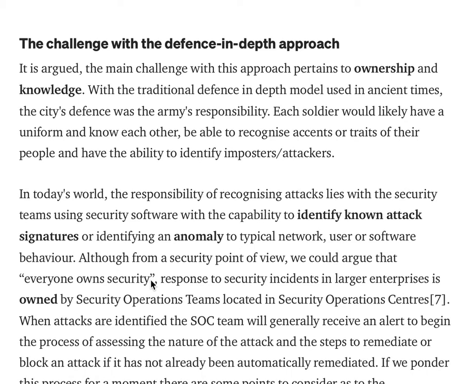The alternative to signature-based approaches is to use an anomaly detection platform. Anomaly detection platforms use machine learning and algorithms to try and detect unusual behaviour, either at the network level, the user level, or software misbehaviour. Now, anomaly detection is only as useful as how the actual machine learning platforms have been trained themselves.